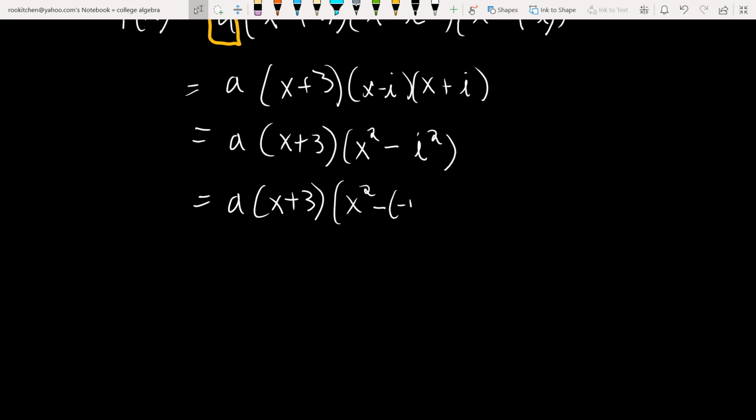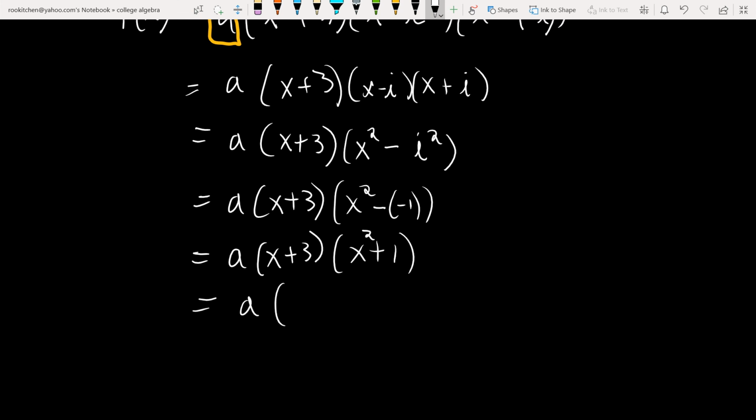So minus -1 is plus 1. And then I'm going to FOIL out those two factors. So I'll have x cubed plus 3x squared plus x plus 3.